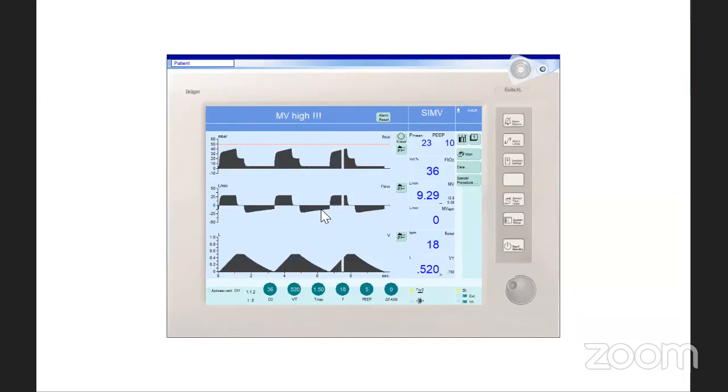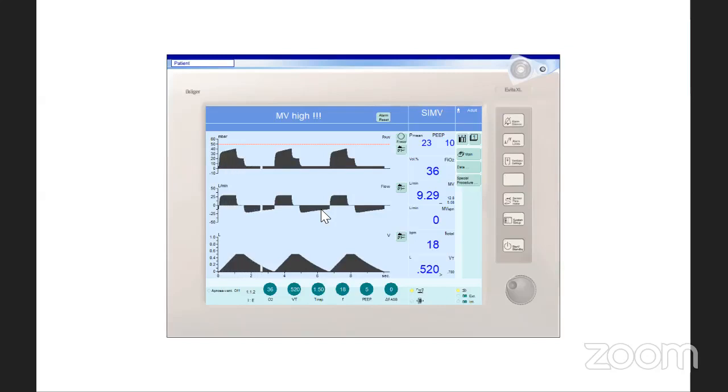Okay, to avoid dynamic hyperinflation, first, I will decrease the rate from 18 to 14. And regarding the tidal volume, I will go to 6 ml per kg according to the ideal body weight. And regarding the inspiratory time, I will prolong the expiration. I will go from 1 inspiratory to up to 2.